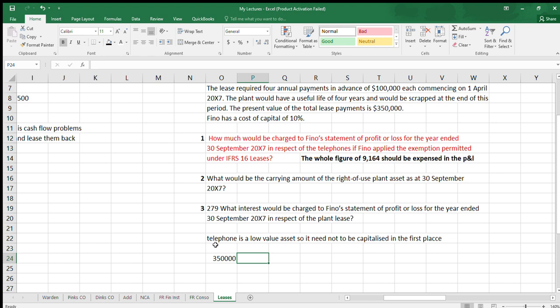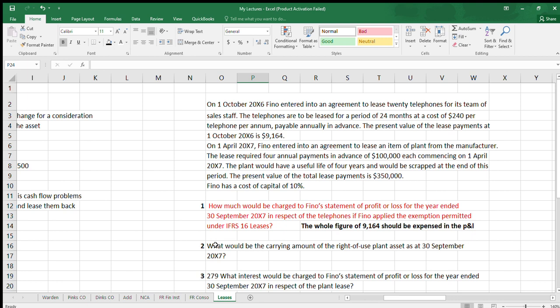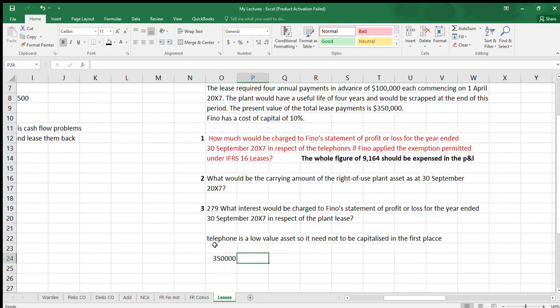And here, in recognizing right of use assets, we depreciate over the lower of useful life or lease period. So in this case, this statement means that in the question they may give you the useful life of the asset and the number of years the lease agreement is supposed to last for.